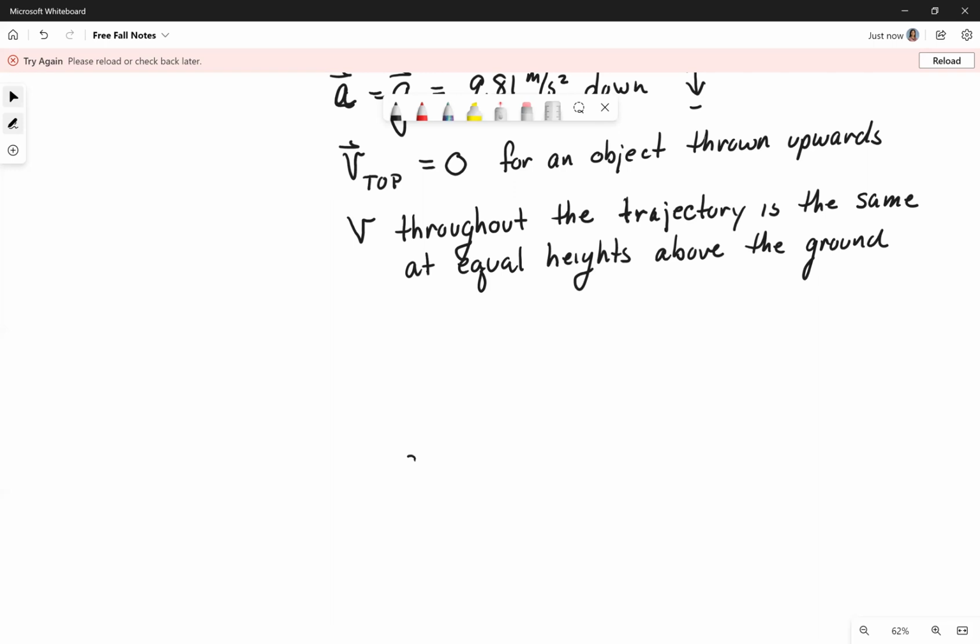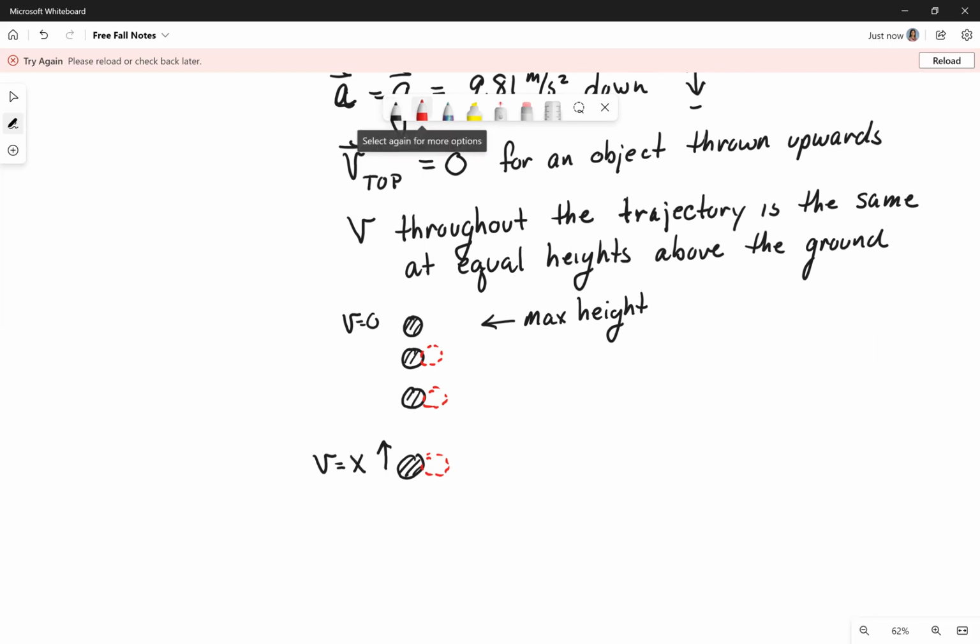So what I mean by that is, let's say we are right here in this position, and this object is going to go up. It's going to go up and up, slowing down until it reaches a velocity of 0. This is the maximum height. It's going to turn around, and at the same equal heights, it has the same velocity. So over here, whatever your velocity is, let's say the velocity equals x.